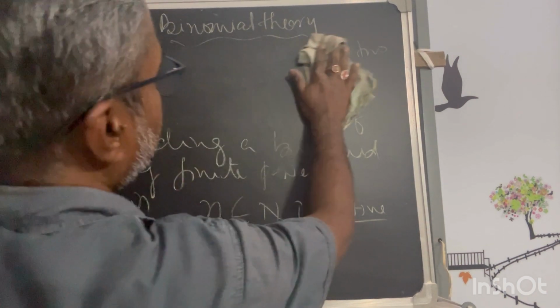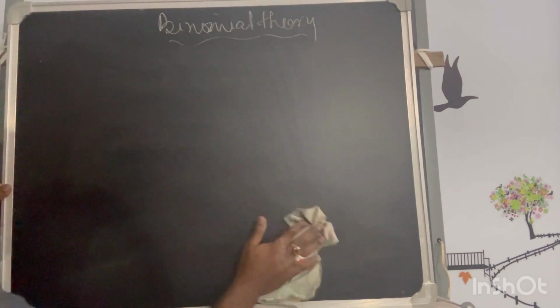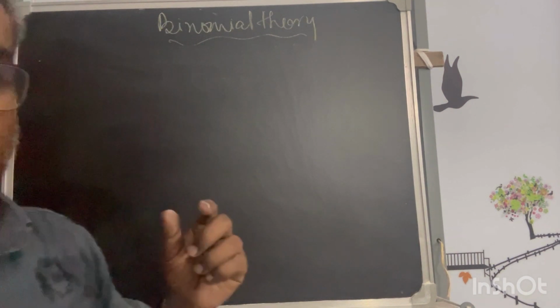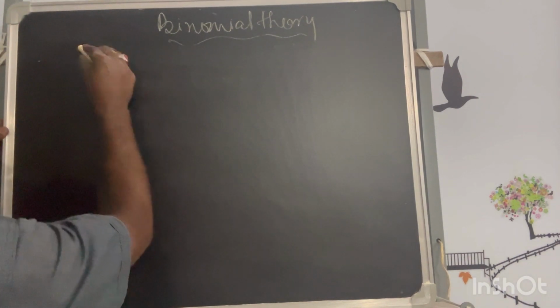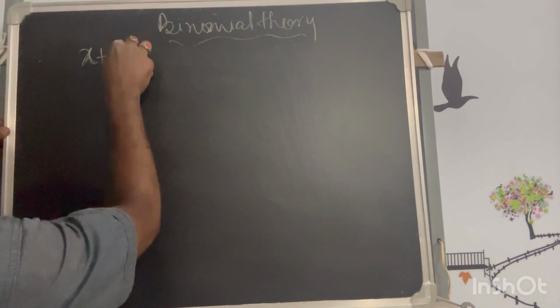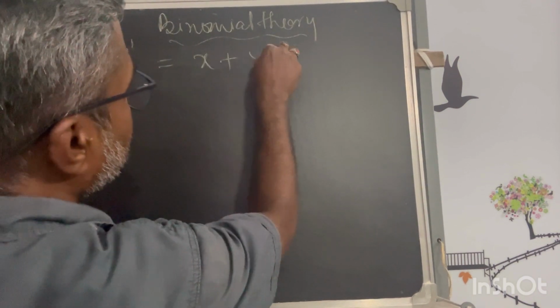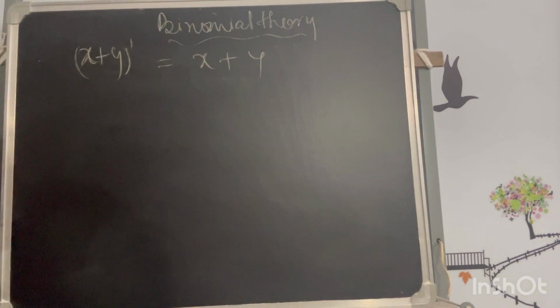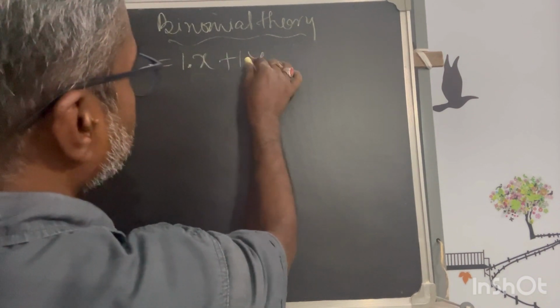Now, to understand that, if I go with the basic concept of expansion, the extent of that we already know. How do we know? Because if I say a binomial of x plus y whole power 1, that will give you these two terms only, where the coefficient is 1 into 1x into 1y.